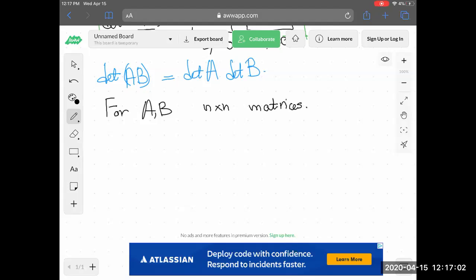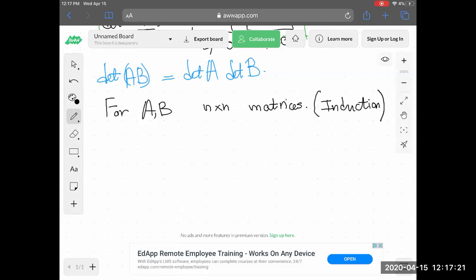It's not very hard, but it's not very trivial. One way to prove it is using induction. But we don't need to prove it in the general case. Remember, here we are only working with 2 by 2 matrices, so we only need to prove it for the case where n is 2.